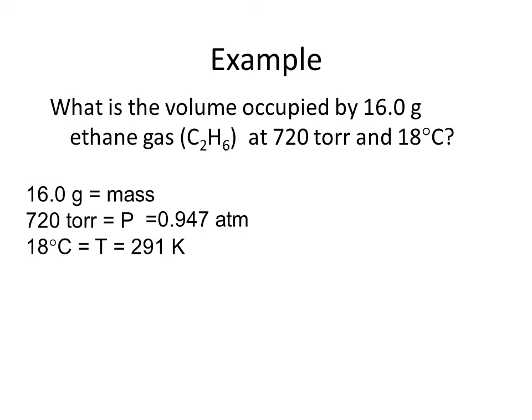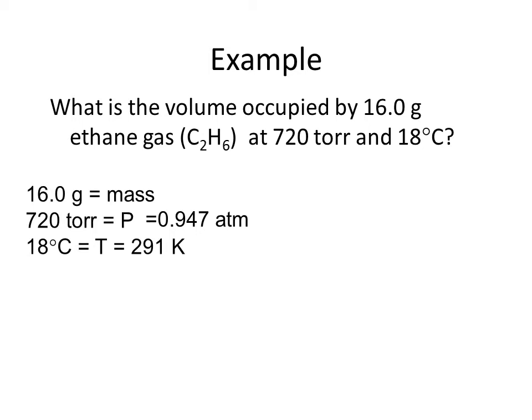Well, 16 grams is mass, 720 torr is pressure, and I'm recalling pressure needs to be in atmospheres. 1 atmosphere equals 760 torr, so I can do a conversion of 720 torr times 1 atmosphere over 760 torr. That gives me 0.947 atmospheres.